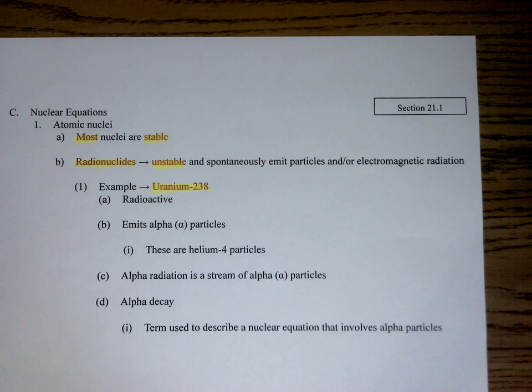So we have this here that says most nuclei are stable, which means that, hey, if we hold it in our hand, that nucleus is not going to decay on us over a certain time. But we've mentioned this before, that we have these radionuclides, and these are unstable nuclei where they're going to emit particles or they're going to emit electromagnetic radiation.